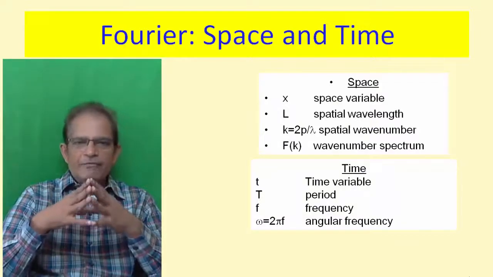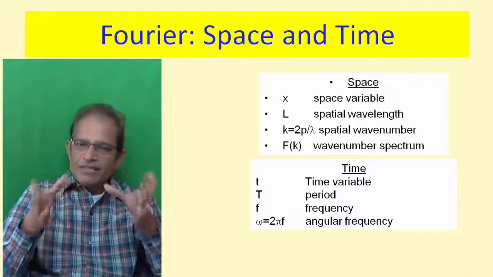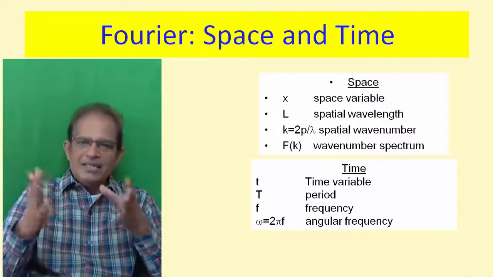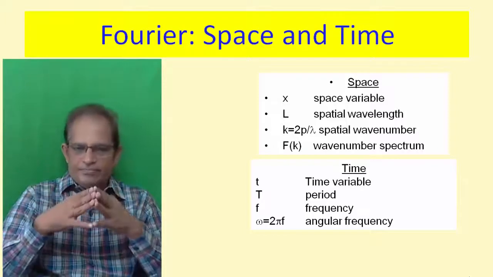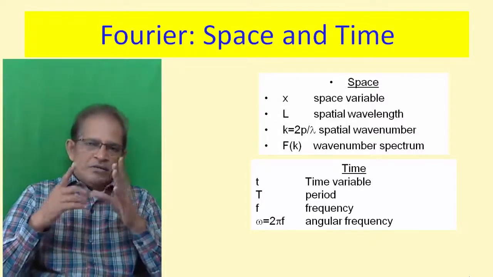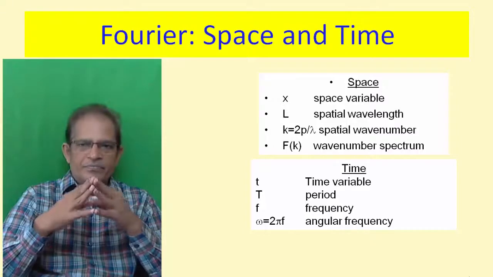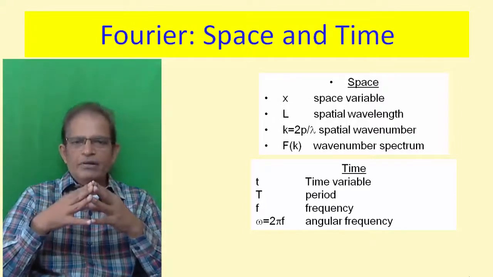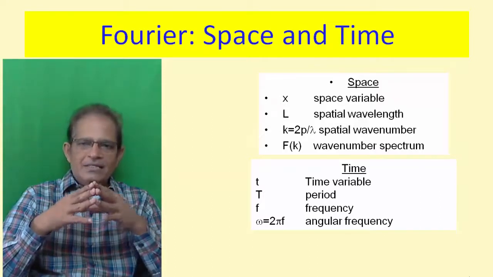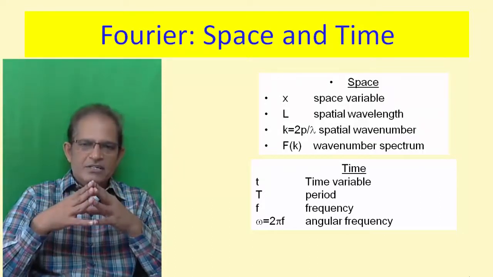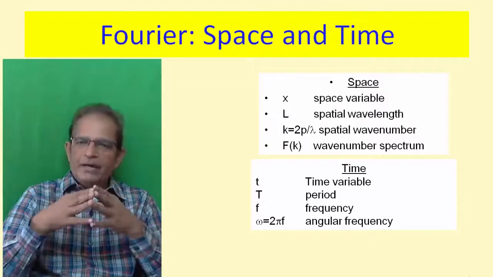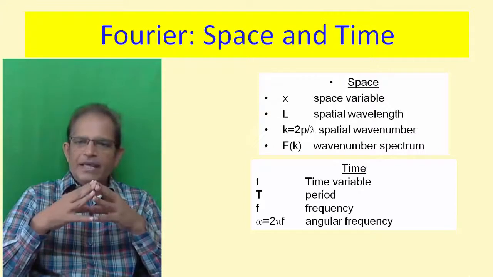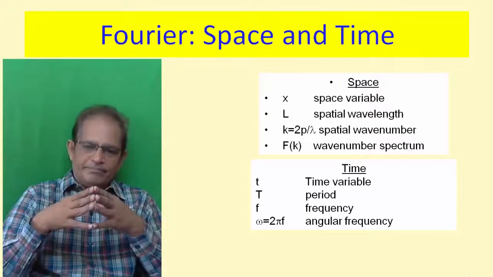Let me tell you, here Fourier is the name of the person who invented this concept. So on his name it is Fourier transform. Space and time. Space: x is the space variable, capital L is the spatial wavelength, small k equals 2 pi by lambda is the spectral wavenumber, capital F of k is the wavenumber spectrum.